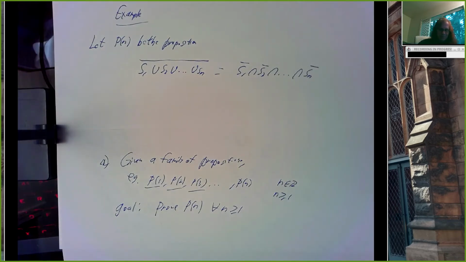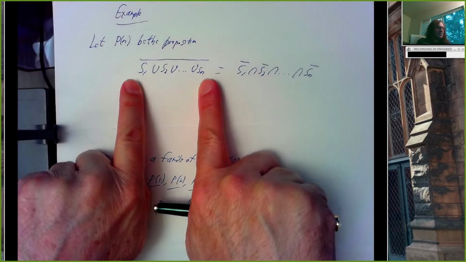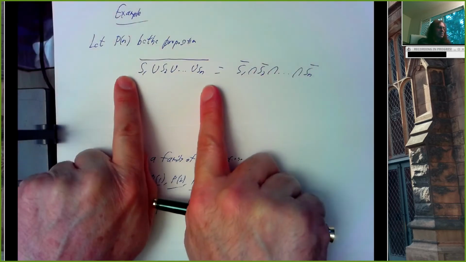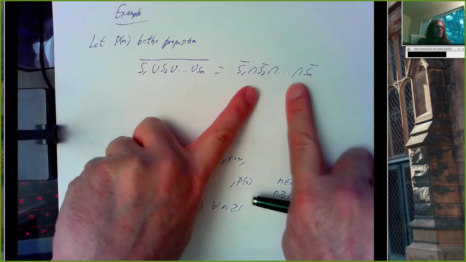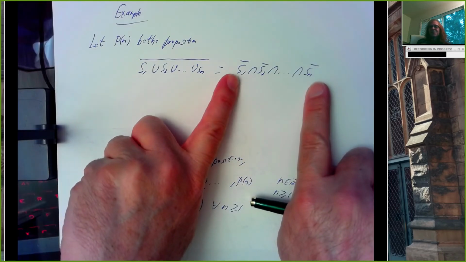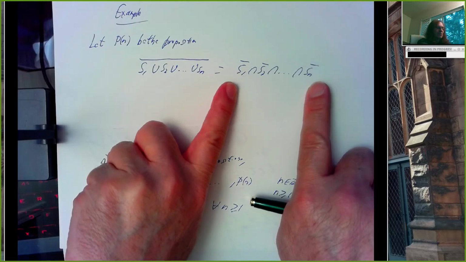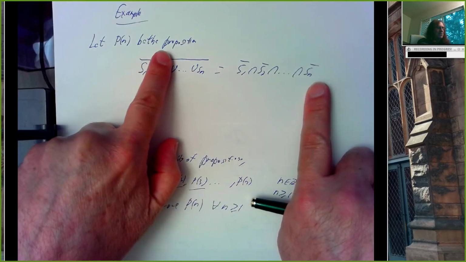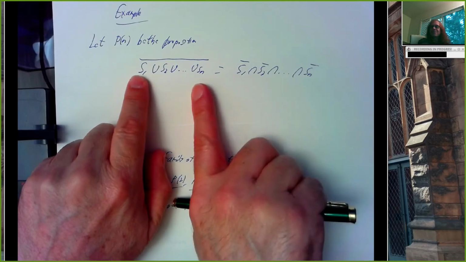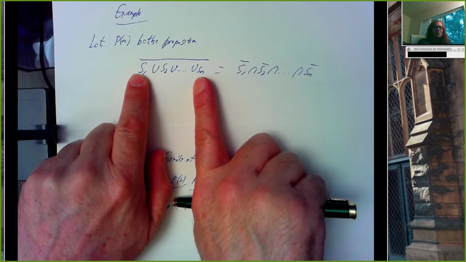So I'll trust you understand what I mean by this. If I take the union of n sets and then I complement it, I should end up with the same thing as if I intersect the complements of those sets. This is De Morgan's theorem for sets. And Pn is the proposition that this works for any n sets, S1 through Sn.